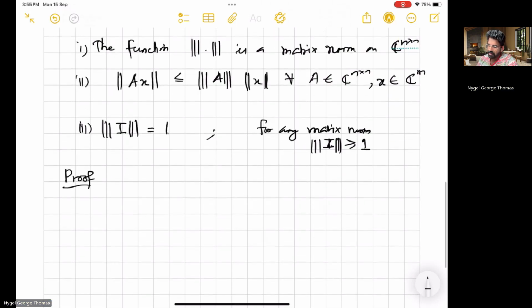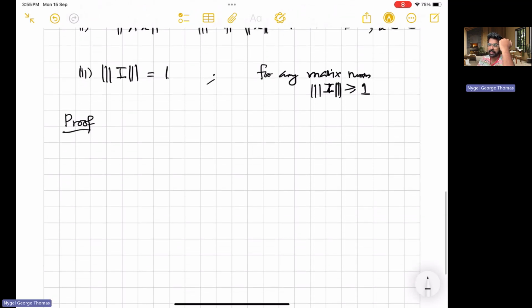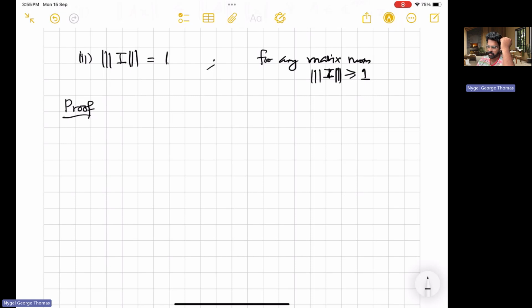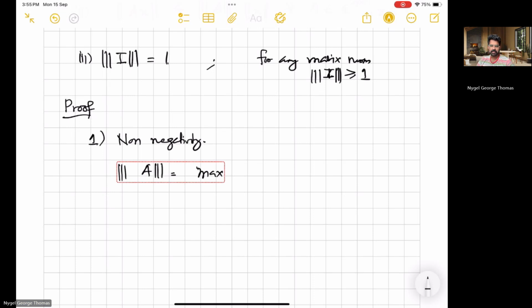Proof. We first have to prove that this function is actually a matrix norm. For proving that, we have to prove all these properties. One is non-negativity. We know the norm of A is the max over norm of x equal to 1 of the norm of AX.